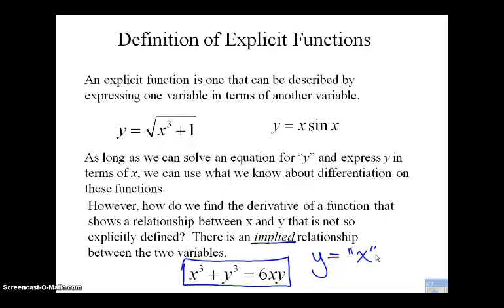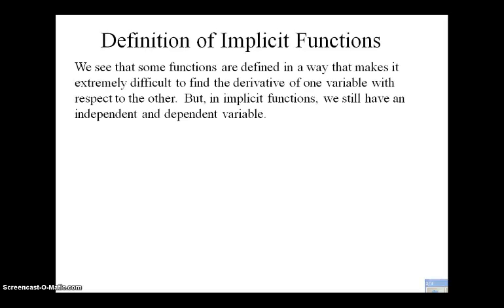I don't know. I'm going to have some more clues. But there is an implied relationship between these two. How do I go about finding the derivative of that with respect to x? There's no x there. I know how to find the derivative of that term. How do I find the derivative of a product, x times y? So when there is an implied relationship like this, I have to use something called implicit differentiation.